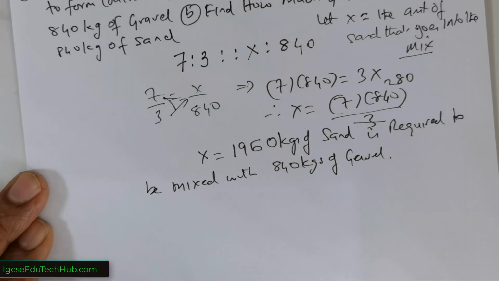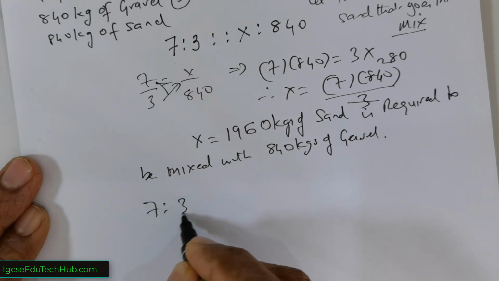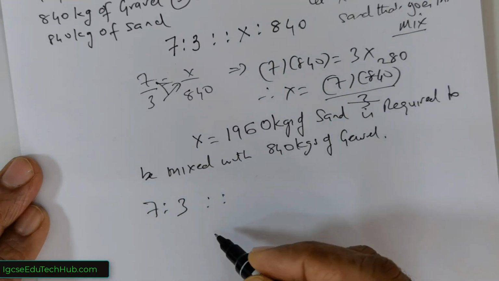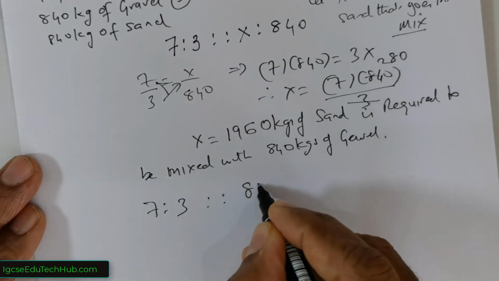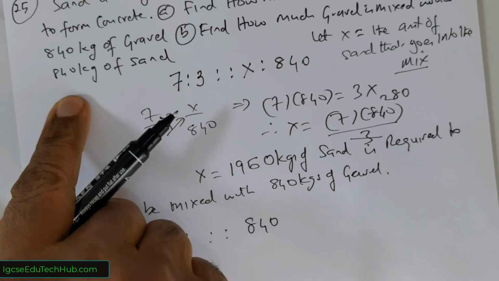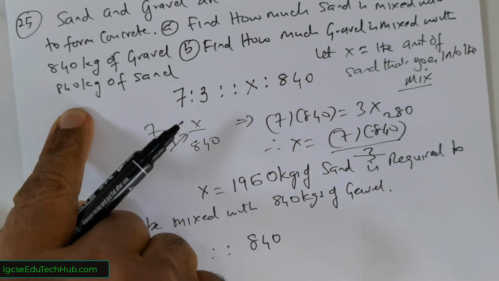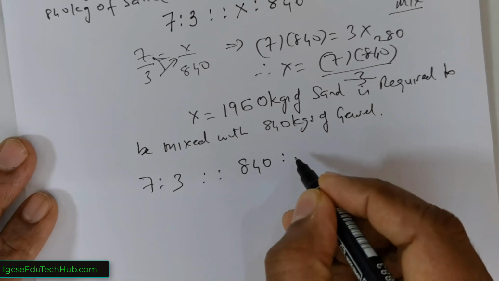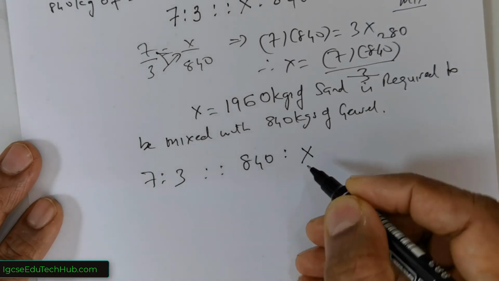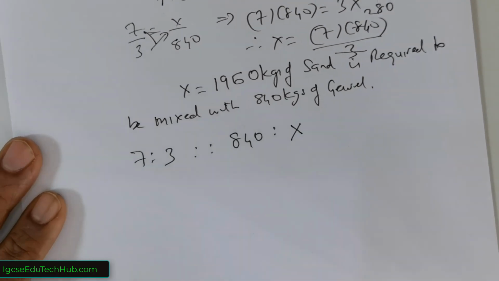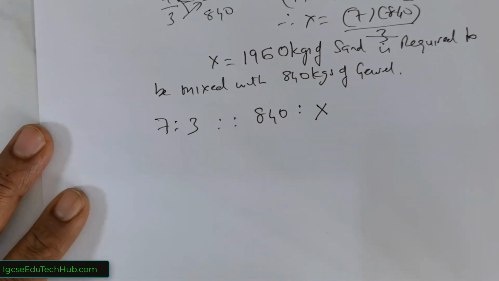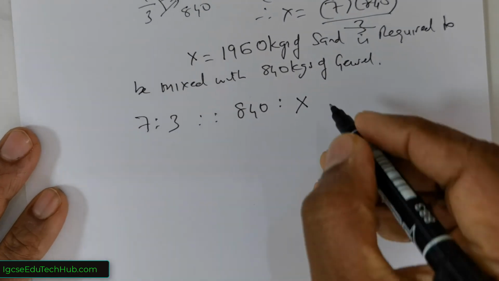Now the second part is they are giving us the same composition. Now they are asking us, if I were to give you 840 kilograms of sand, then how much of gravel do you need to form that concrete? That's a requirement, right?